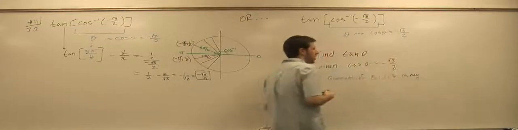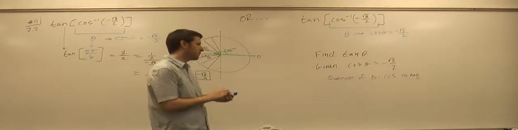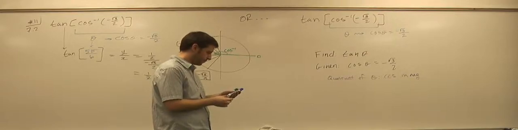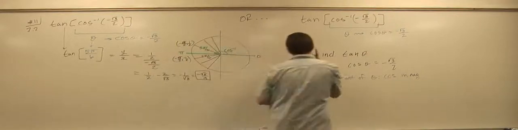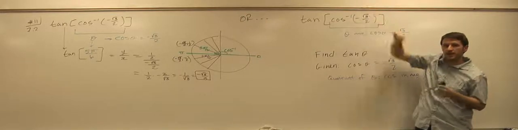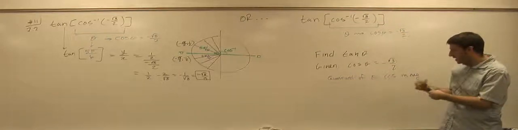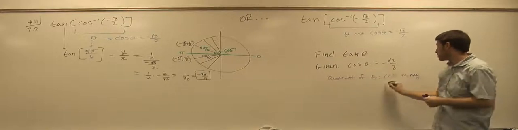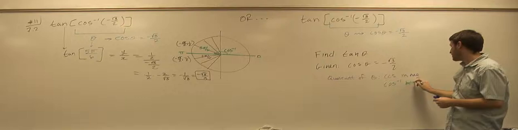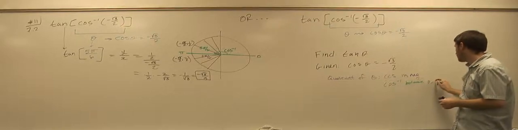So that's going to narrow down your quadrant. What's the other piece of information that you need? The restriction for what? Cos inverse, right? The fact that cos inverse can only be in a couple of quadrants, right? Cos inverse has to be between 0 and pi.